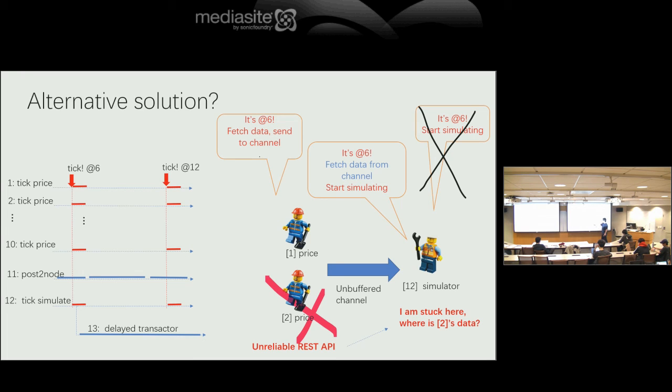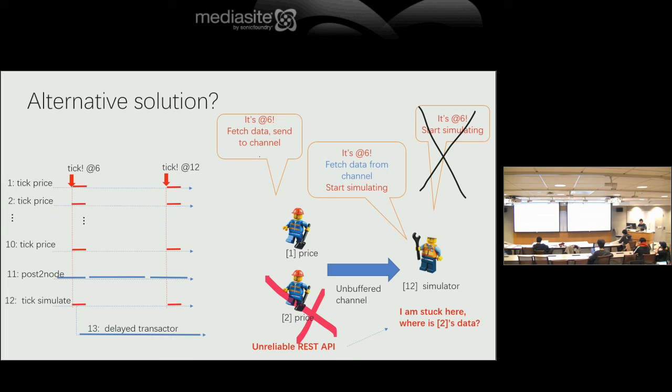That means this routine could fail to fetch any data back. If this happened, this guy will be stuck here forever because the number 2 routine never gave me the data.